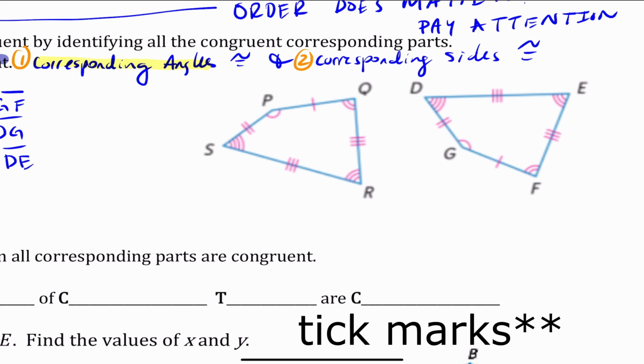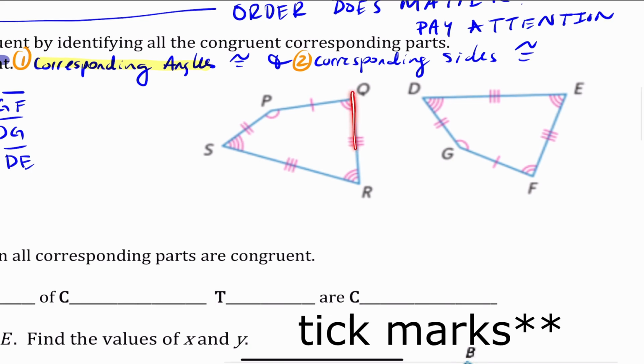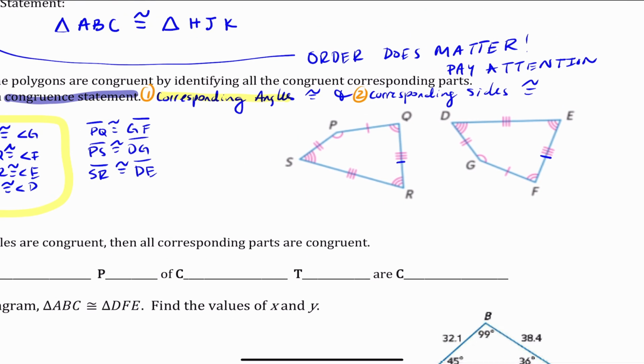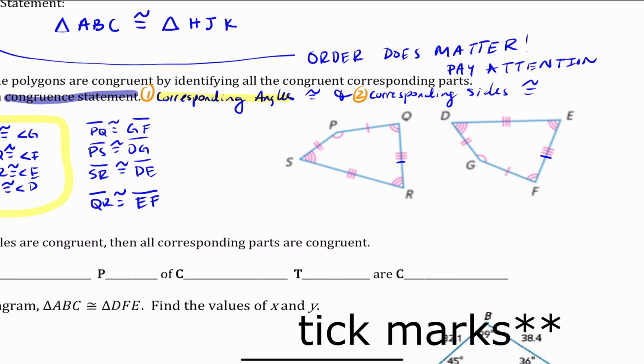So segment QR, let's go ahead and put 1 more arc there and another arc there. Segment QR is congruent to segment EF. Alright, apologies if it looks like it has 3 arcs there instead of 4.